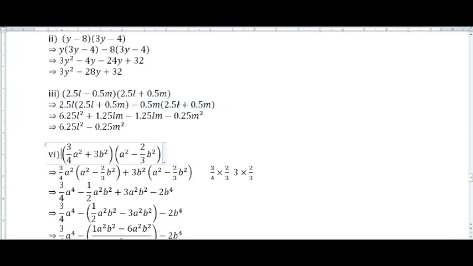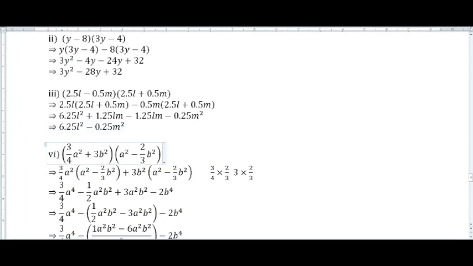Multiplying 2.5 by 2.5 gives 6.25 L square.